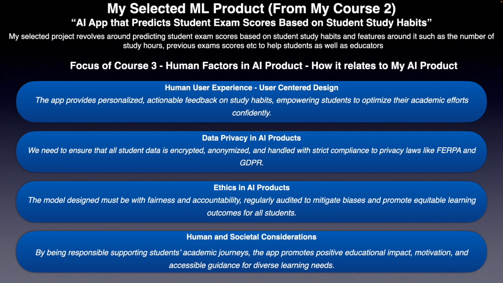As part of Course 3, it's an extension of the same product development, along with incorporating the human factors that are involved in AI product development. So essentially, the human factors that would be involved in the AI product development and how they relate to the product that I've chosen to consider.